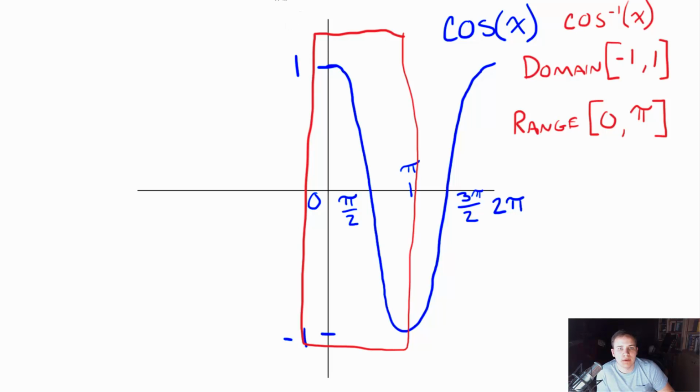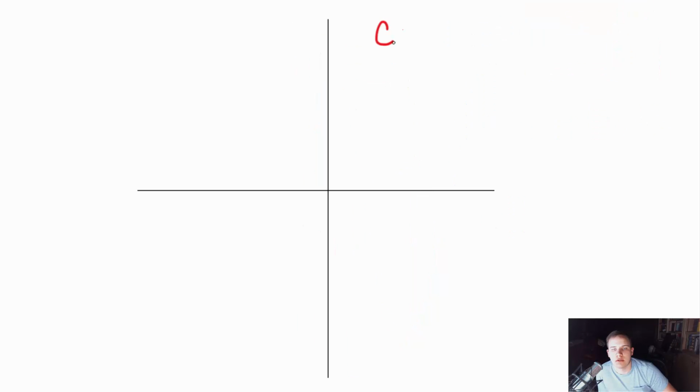Okay, well, let's take a look. It's going to look like this. All right, so we determined that the domain was going to be between -1 and 1, correct?